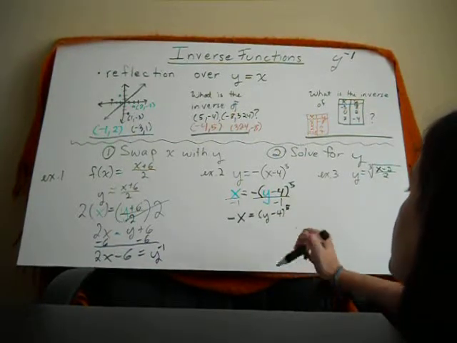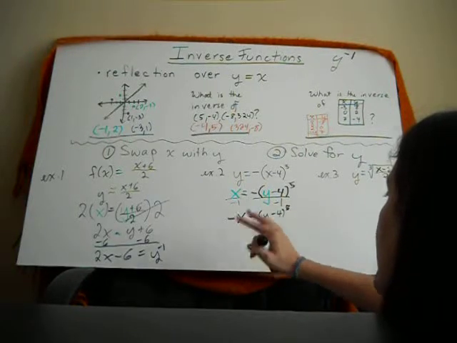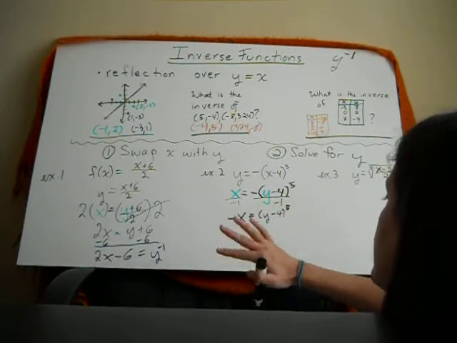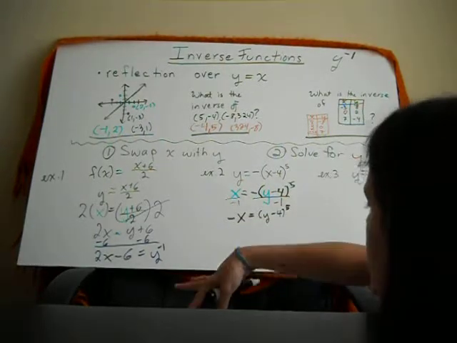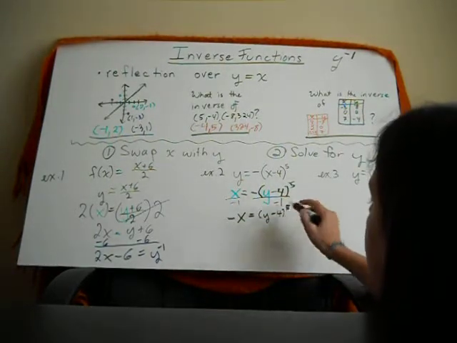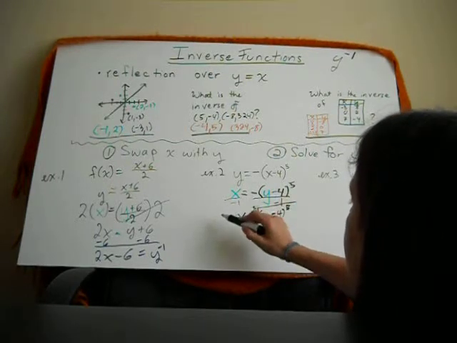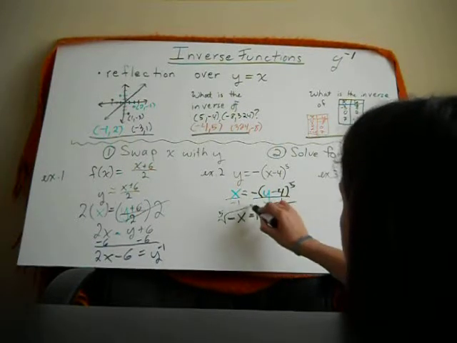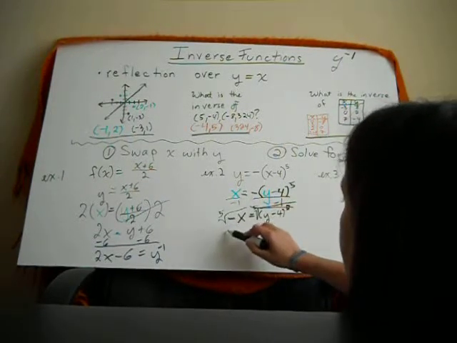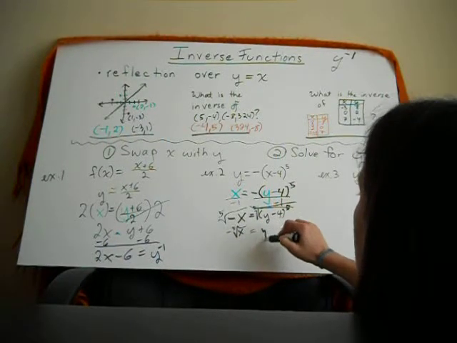Now I want to get rid of that 5th power. Well, the inverse of raising something to a power is like rooting it, because rooting depowers things. So to get rid of that 5 up there, I'm going to 5th root both sides. So that cancels out. And I've got the negative 5th root of x is equal to y minus 4.